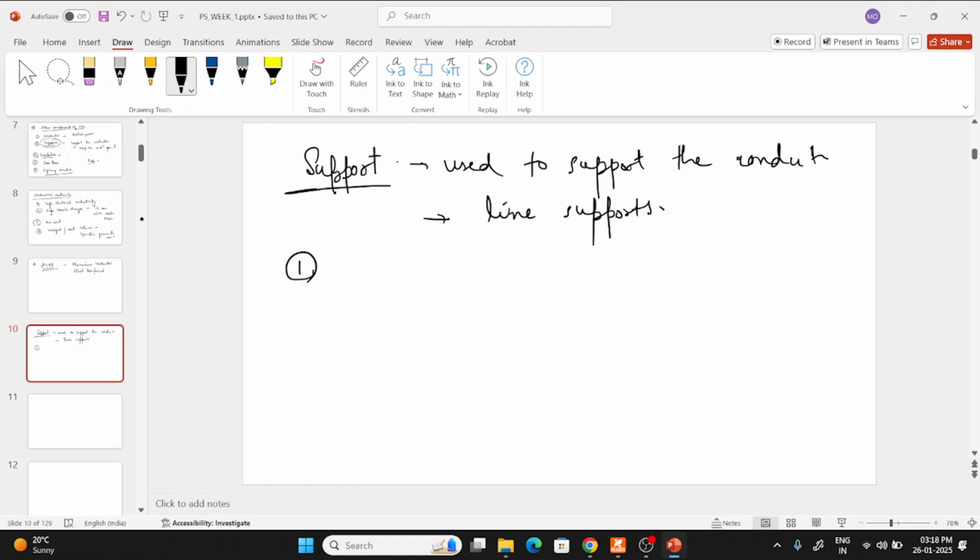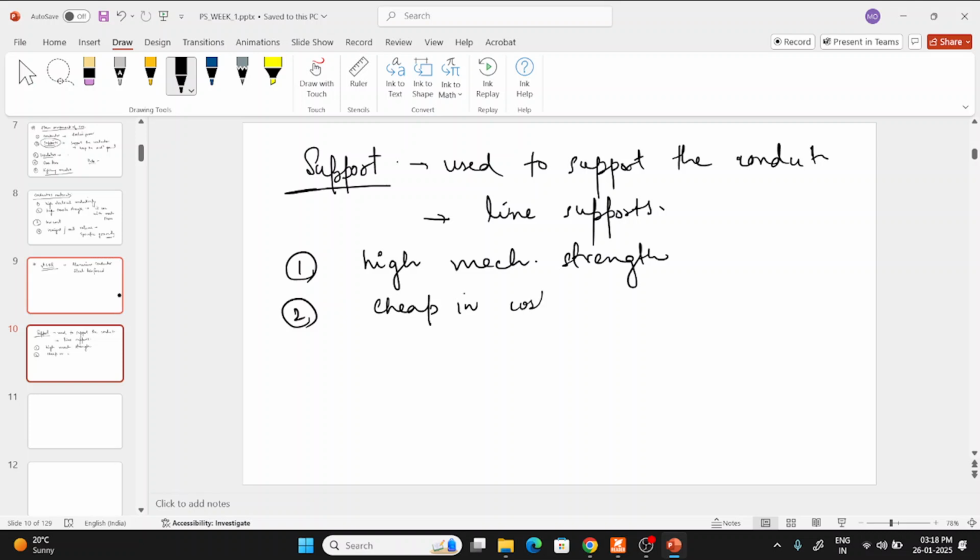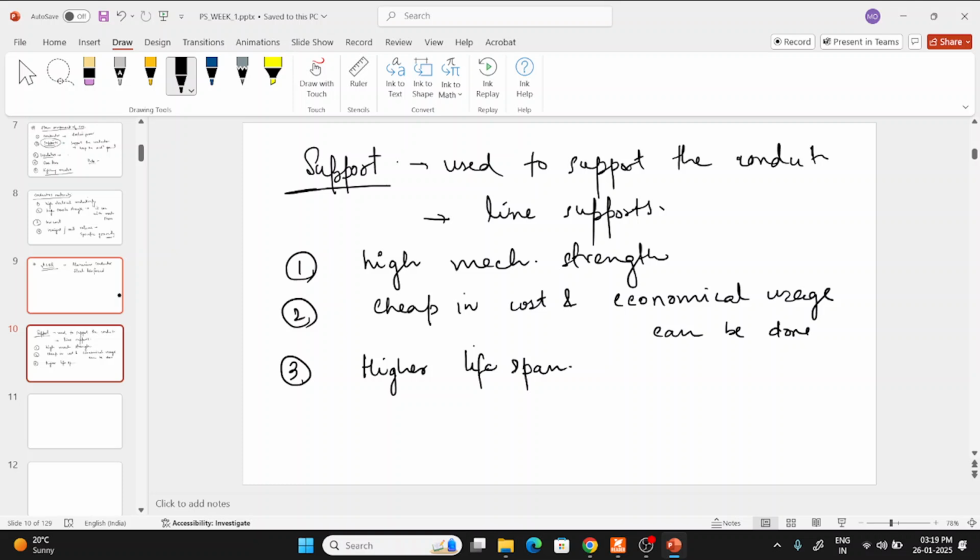The properties of the line support should be like they should have high mechanical strength. They should be cheap in cost, which is very important, so that economical usage can be done. And they should have a higher lifespan.